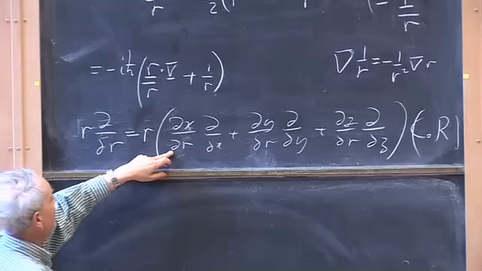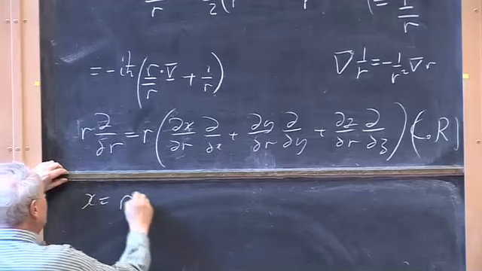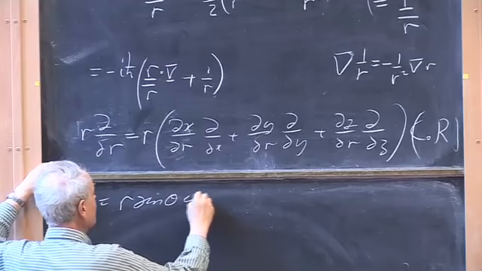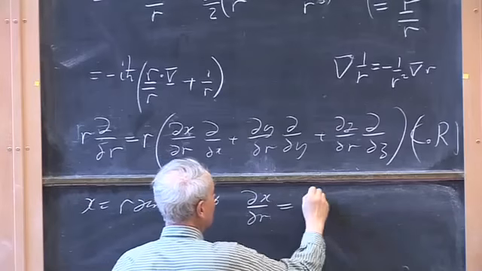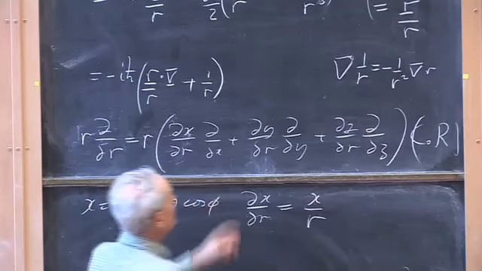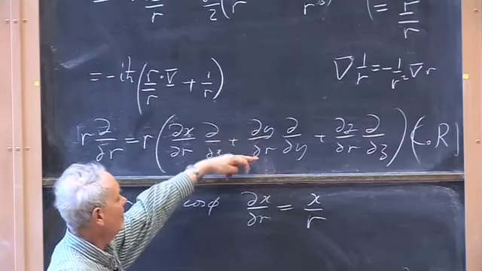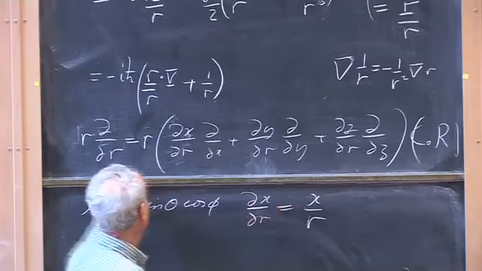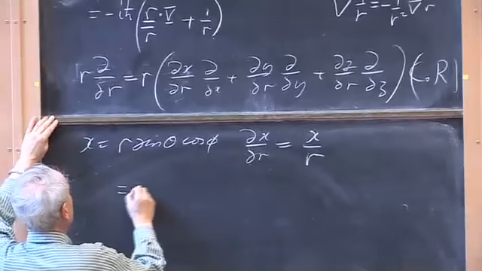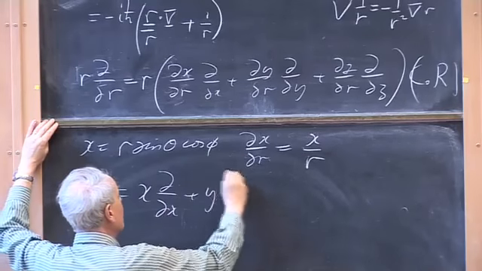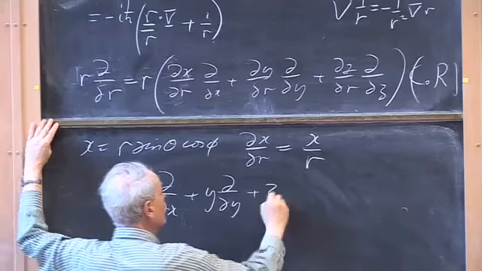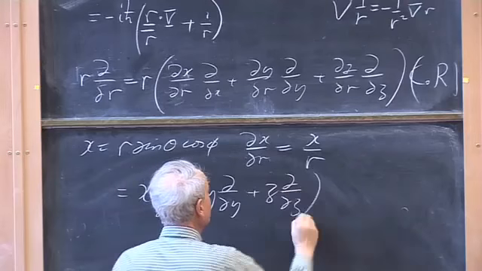But what is dx by dr? x is equal to r sin theta cos phi, so dx by dr is equal to x over r. And for the same reason, dy by dr is equal to y over r, and so on and so forth. So this is equal to x d by dx plus y d by dy plus z d by dz.